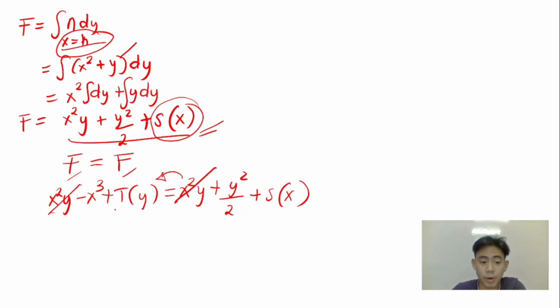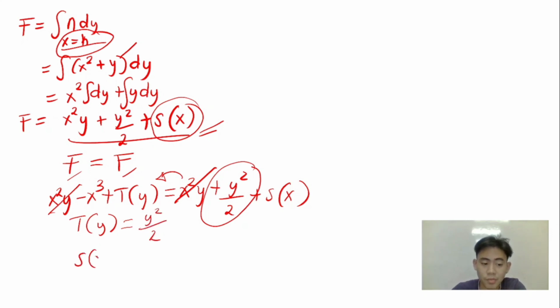Okay? So, paghanap ng t of y natin, or ang value ni t of y, di ba si t of y is nasa left side natin siya. Ngayon, titingin tayo sa right side kung ano ba ang merong y na variable dito. Okay? So, lahat ng may y, yun yung t of y natin. So, ito lang naman yung may y, which is y squared over 2. So, t of y is equal now to y squared over 2. Okay?